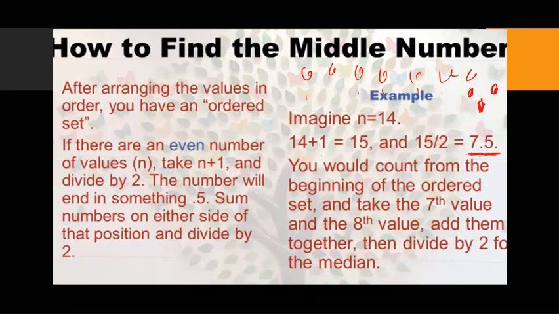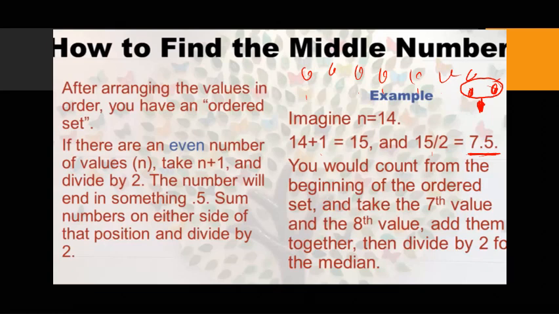This is telling you that your median is somewhere in between the 7th and the 8th value in your data set. So what you'll have to do is take those two values and find the average. You're going to add them up and divide by 2, just like we did in the simpler version of finding the median with an even number of data values.